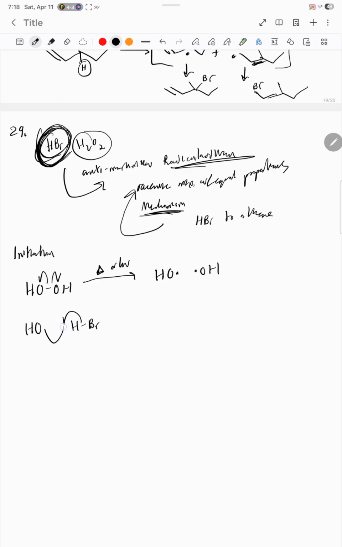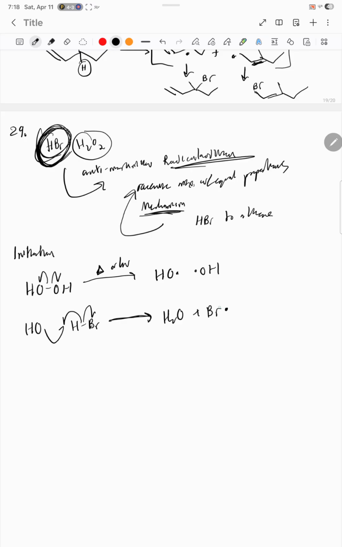Abstraction would look like this. This is called hydrogen abstraction. Hydrogen abstraction looks like this. What we get is H2O and Br radical.